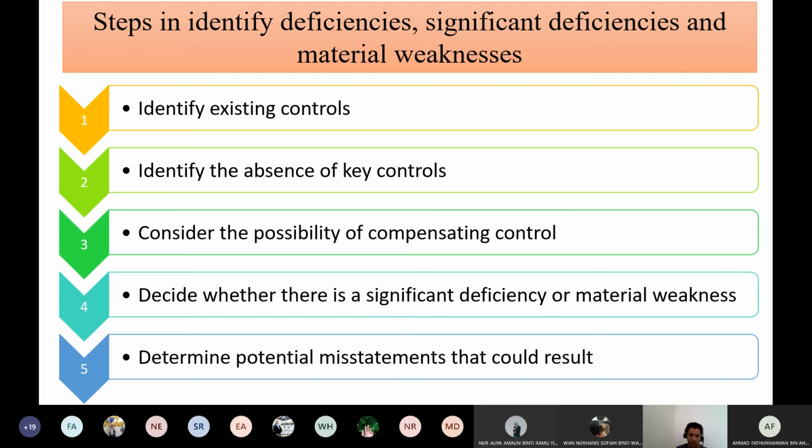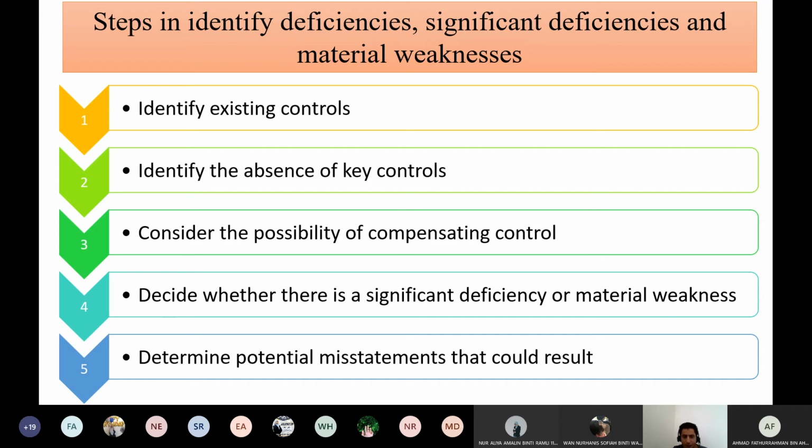Let's say there is no segregation of duties, but the company comes out with a new control, or innovates a new control, say, independent verification every day, just to compensate for the shortage of segregation of duties.